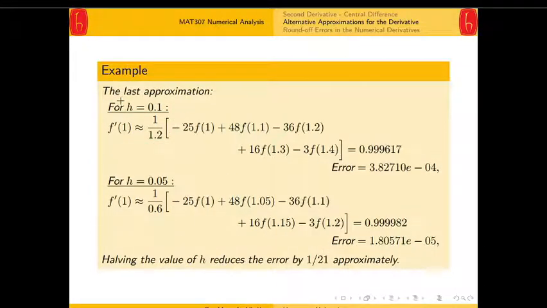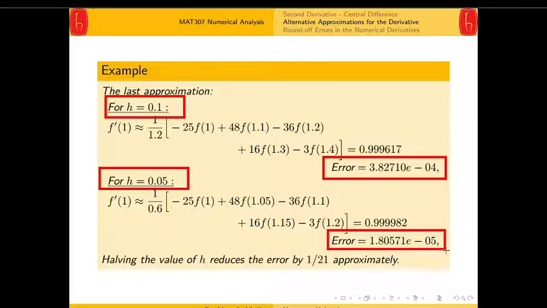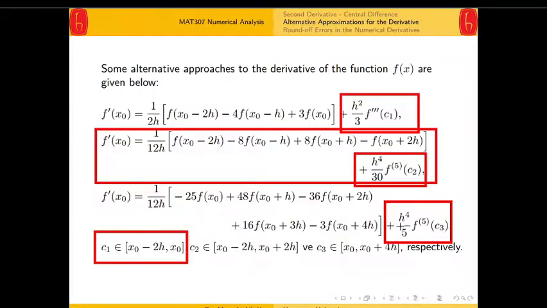With the last approximation, if we choose h equal to 0.1, this will be the error, and for h equal to 0.05, this will be the second error. If you compare these two errors, we see halving h reduces the error by 1/21 approximately. But with this approximation, which is still fourth order, what we expect is 1/16.